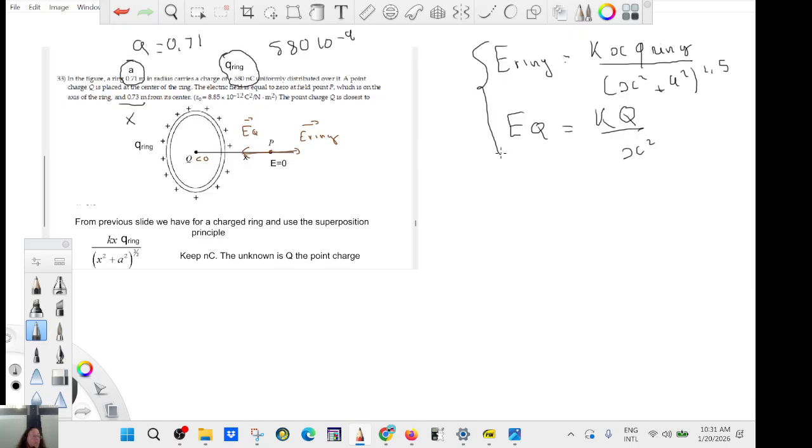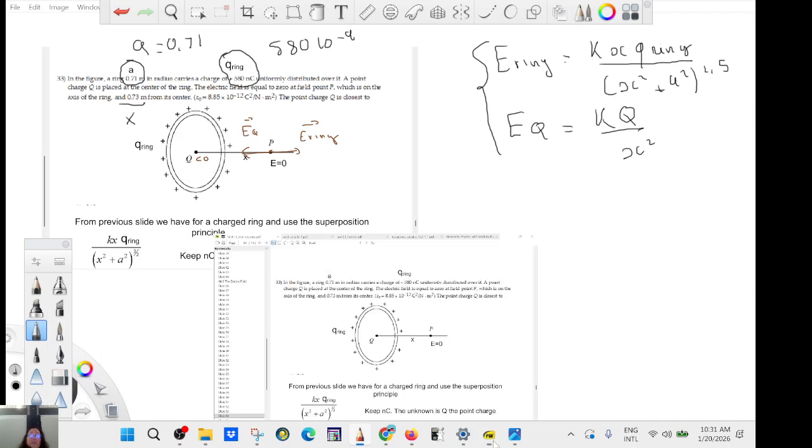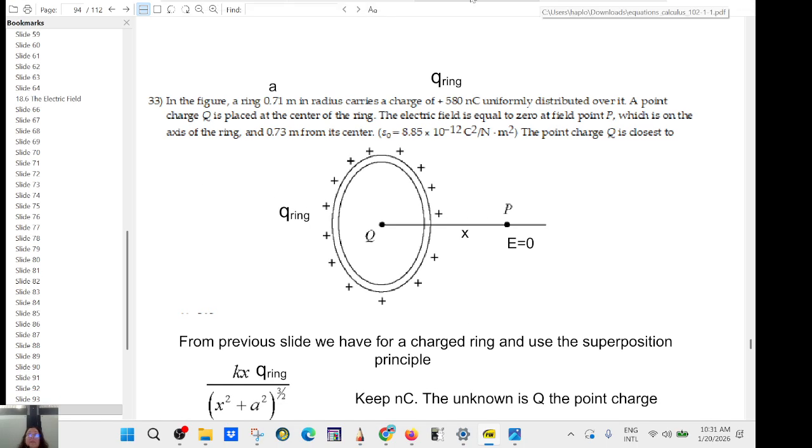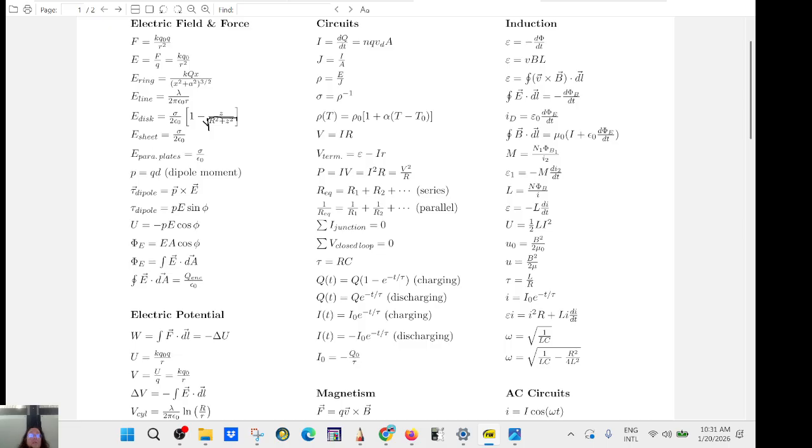We want them to be equal to each other. In this equation sheet, they give you K. Okay, good.